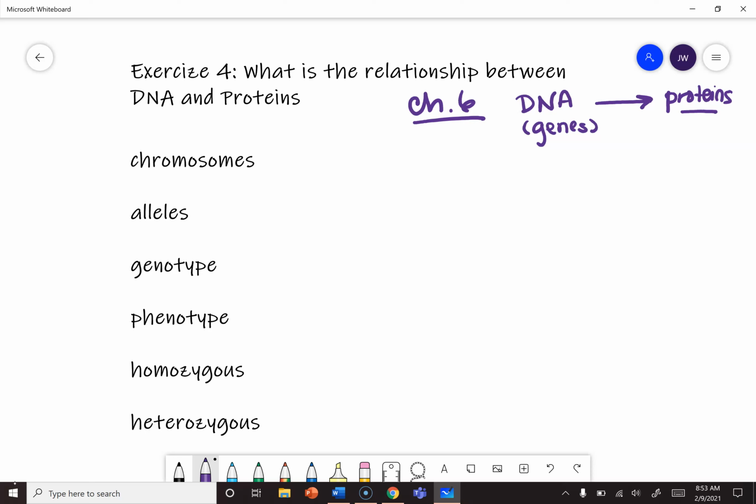They produce enzymes, which are proteins that perform chemical reactions, such as the enzyme lactase, which breaks down sugars in milk. If you have the ability to do that, you can consume dairy products. If you are lactose intolerant, your body does not produce that enzyme. So proteins do a whole variety of things within our cells.